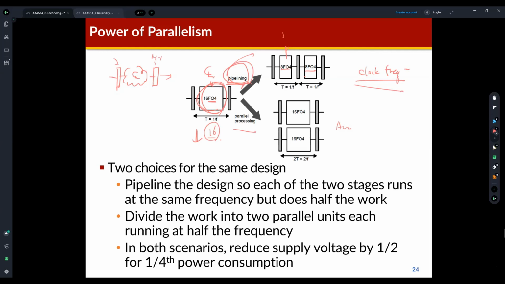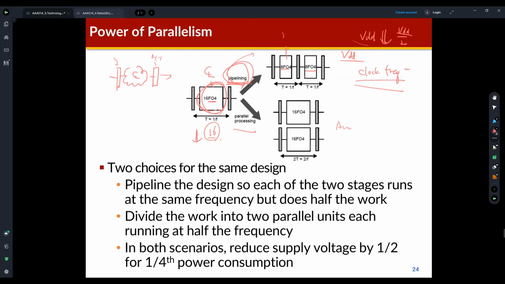With pipelining, if the clock frequency is the same, then we can reduce the supply voltage. Okay, so what is the benefit? We can reduce the supply voltage level to half of the original voltage level.